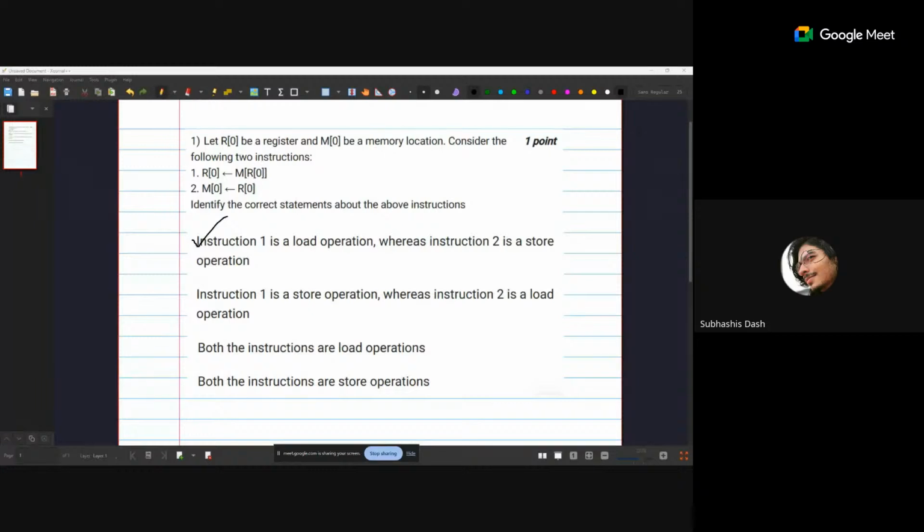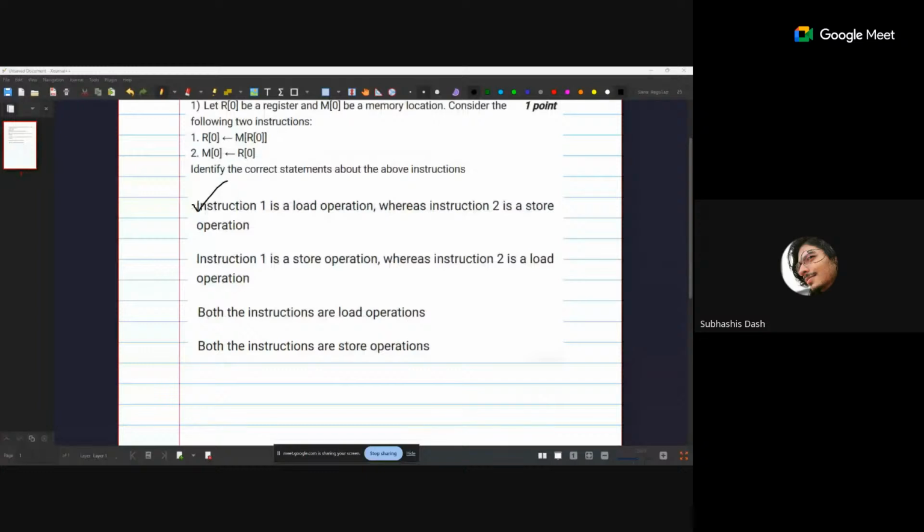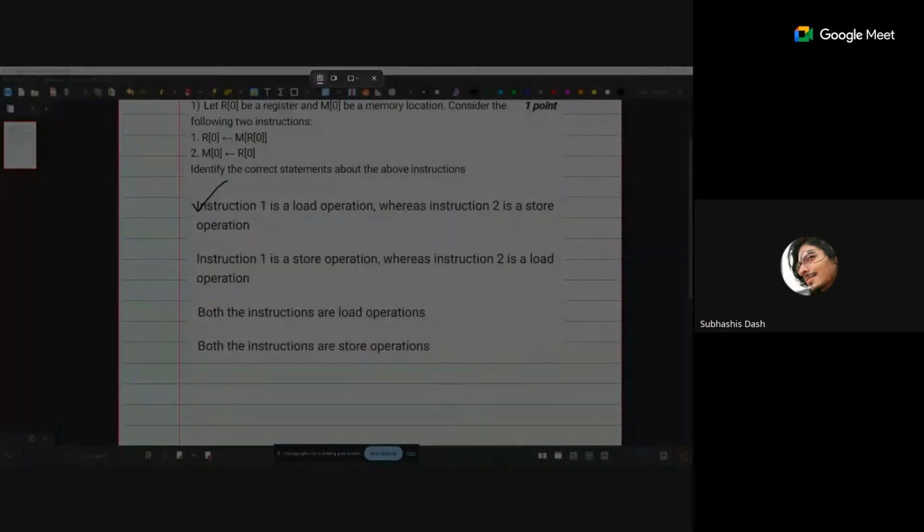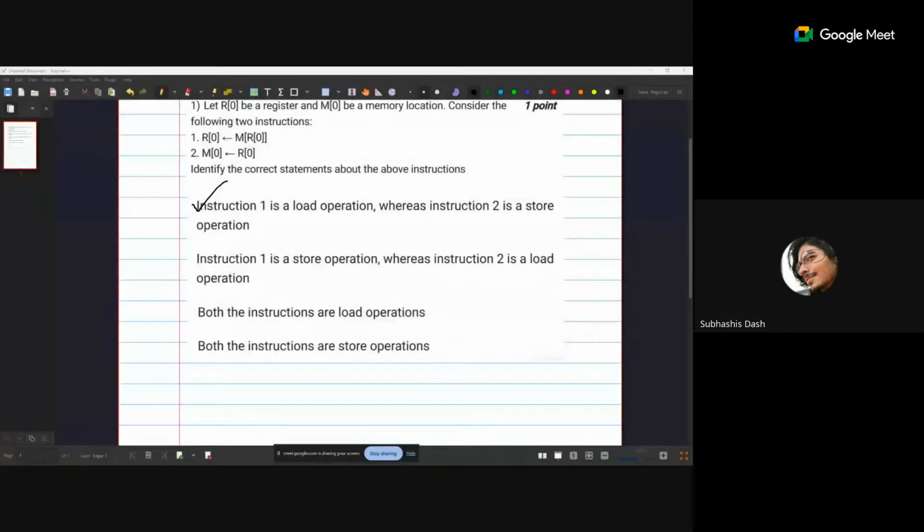Okay, so the next question: what's the minimum number of arithmetic operations required to compute the value 2x cube plus 4y plus z square plus 5 in a CPU which can only perform addition and multiplication? So I'll just copy the question so that it's more easily visible.